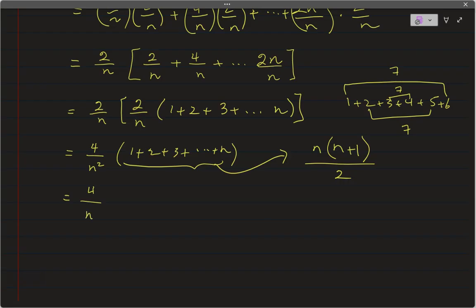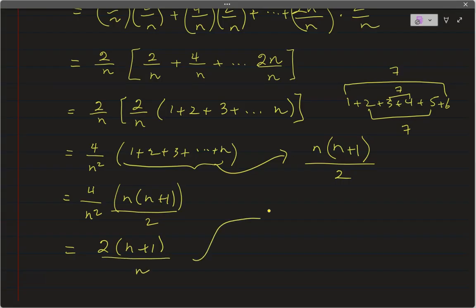So that would be 4 over n squared times n plus 1 all over 2. And then we're going to simplify that. When we simplify that, you'll get 2 times n plus 1 all over n.